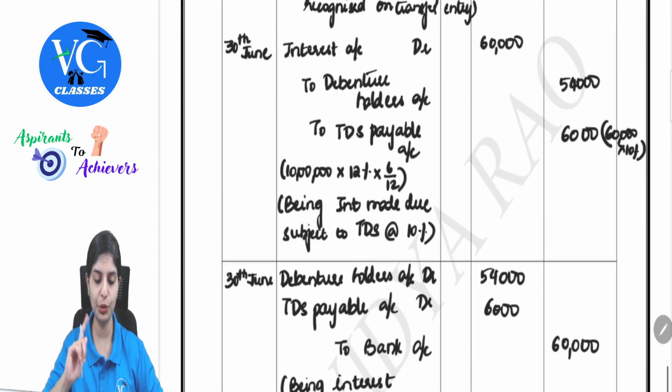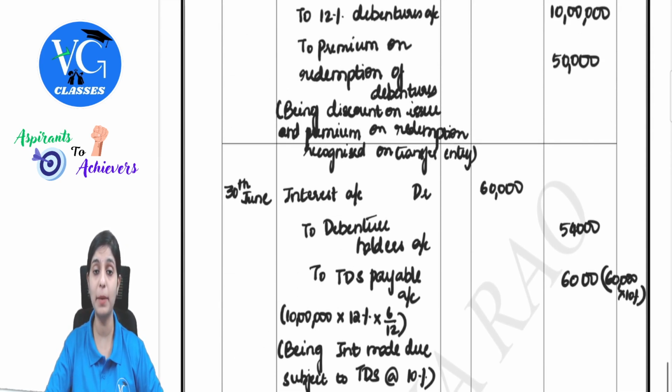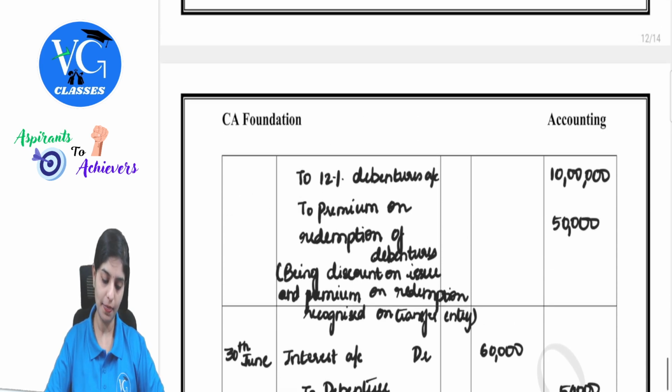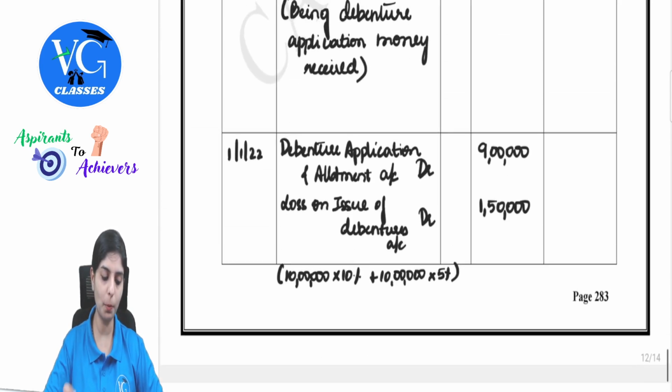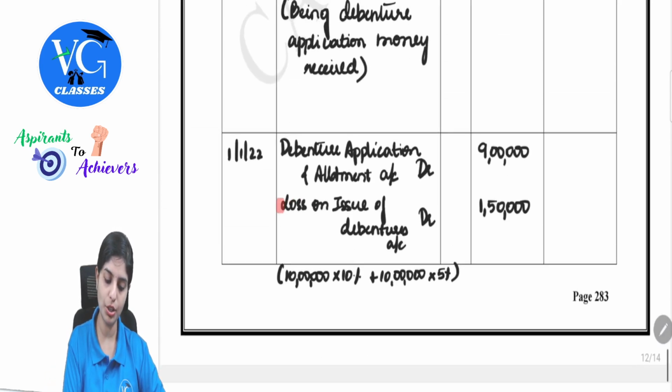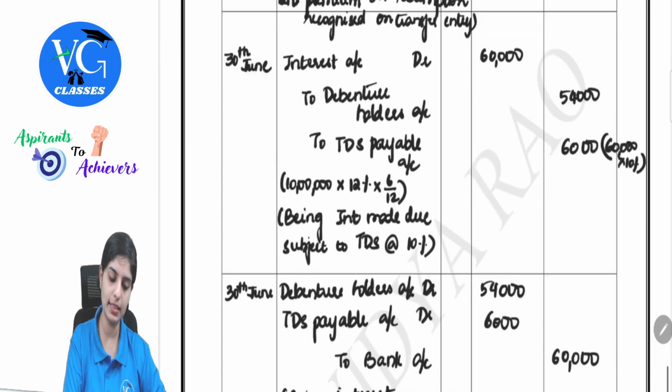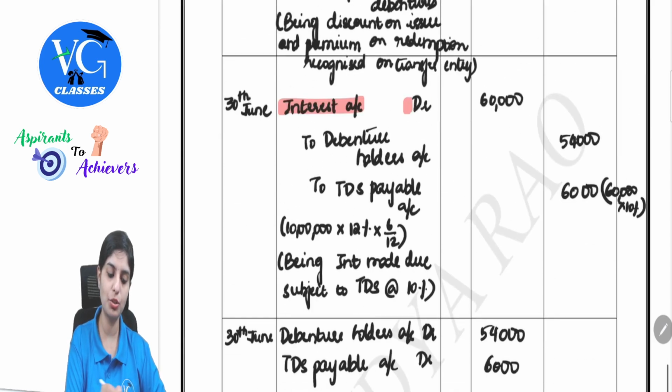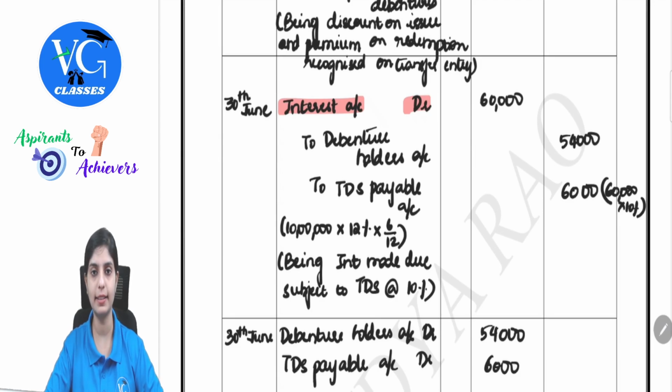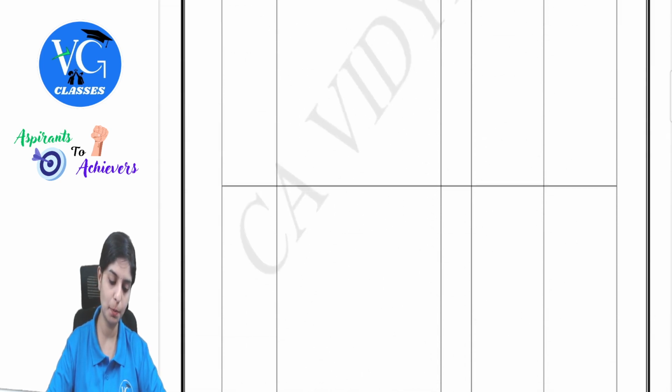But if you do not miss out, the majority of students will miss this. There were two nominal accounts which were opened. First, loss on issue of debentures, and then there is interest which needs to be transferred to P&L because they are asking us the entry at the year end, 31st December 2022. So these need to be transferred to P&L account.